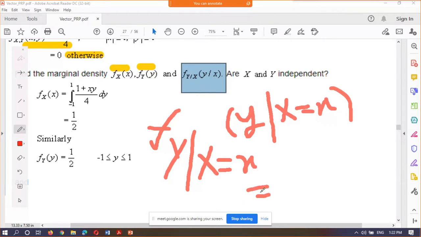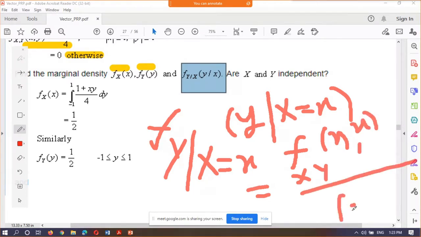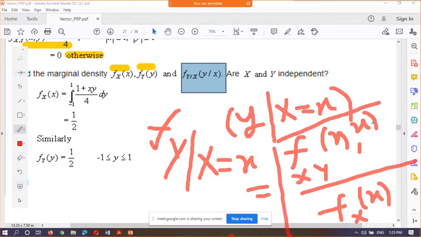And you know the definition of this is the joint of y comma x, divided by f x of x. So this is the way we write the conditional density function for y when x equal to x is given. So it means we have to calculate this part.